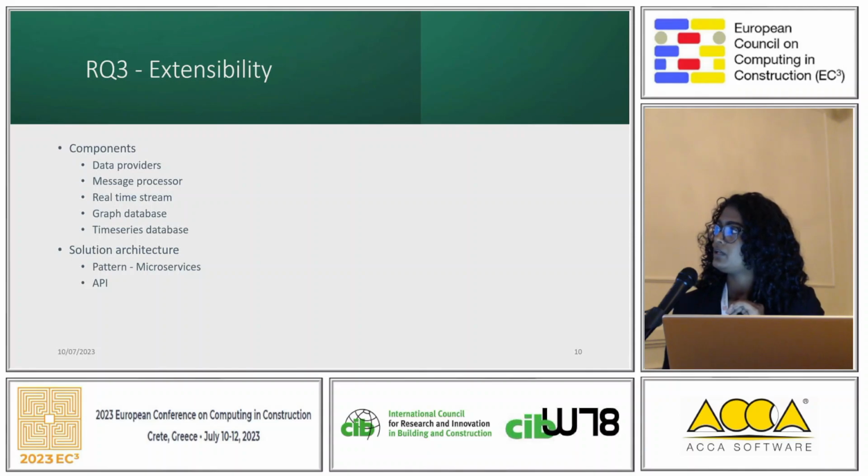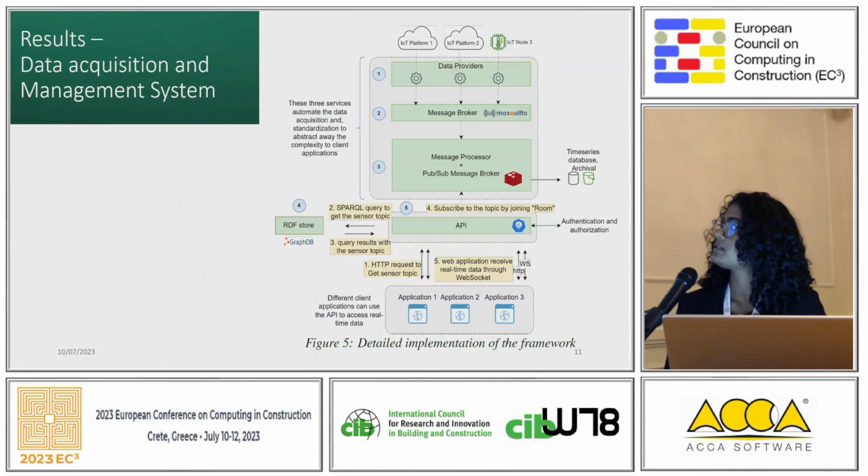And here we are talking about also an API, because we are talking to different databases. So if we combine all of them, we have this framework or system architecture. At the top, we start with different IoT platforms. In layer 1, we have different data providers, which translate the message to an MQTT broker, which is layer 2.